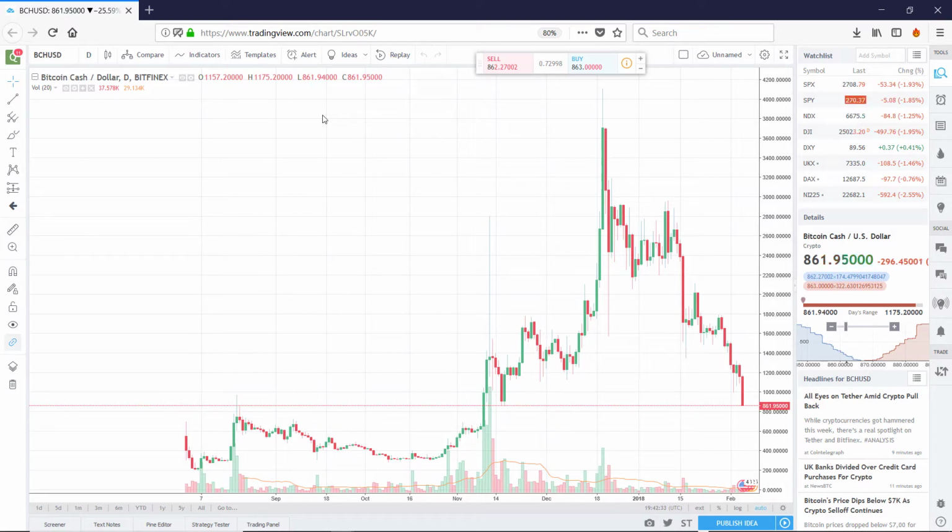seem to be important. So I think with the 10-day moving average, or the 20-day moving average, that seemed to provide support for a lot of the move recently, as in the last few months, with Bitcoin.